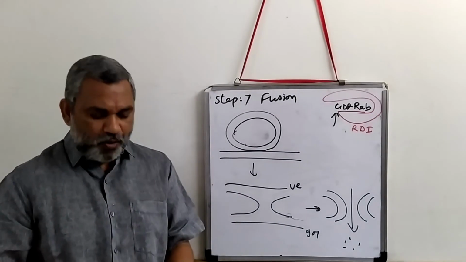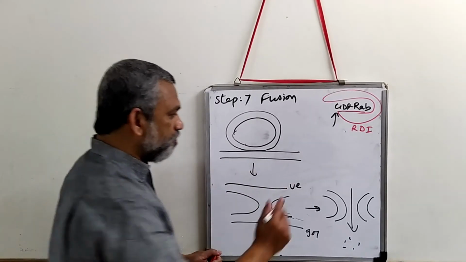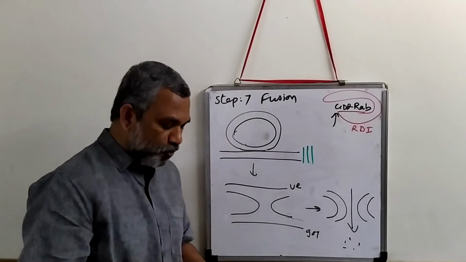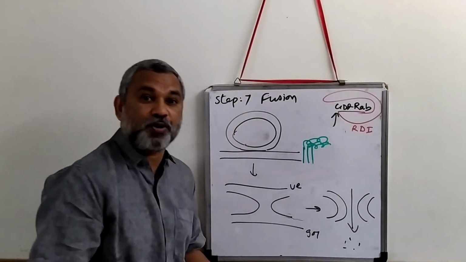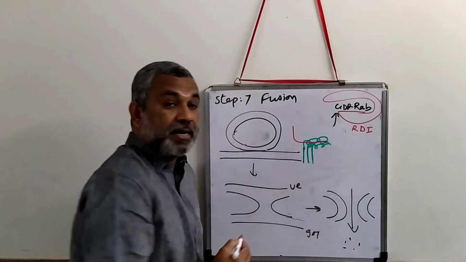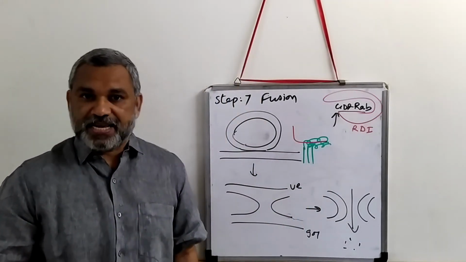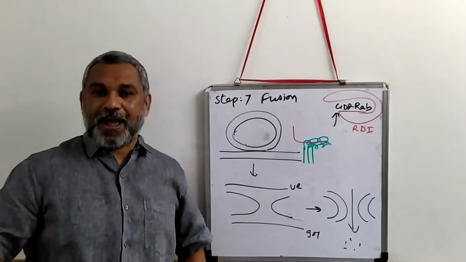Once the fusion occurs, what is important is, if you look at the membrane, here you have the tethering proteins and the SNARE proteins. If the SNARE proteins have been linked with the V SNARE, it has to be separated and brought back.